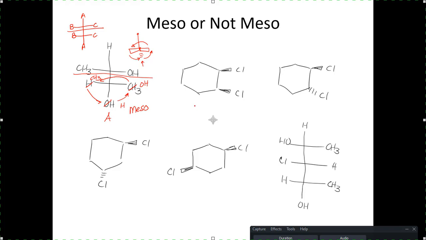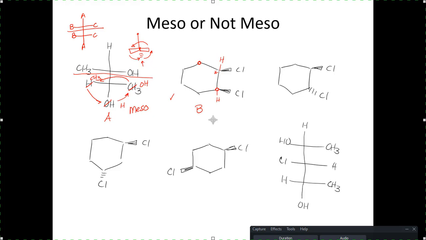All right, let's go over here to molecule B. For molecule B, is that molecule meso or not meso? So you can go ahead and answer that question when the video stops. Okay, what did you choose? Well, first let's check for chiral centers. This carbon has a CH2 group. It's got a C with an H and a Cl, so that's different.